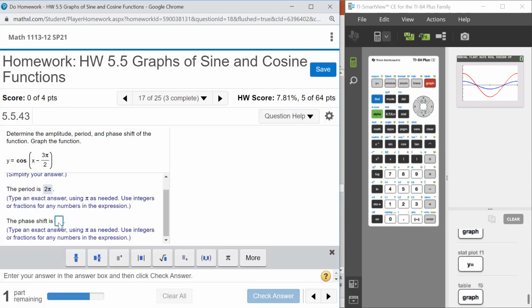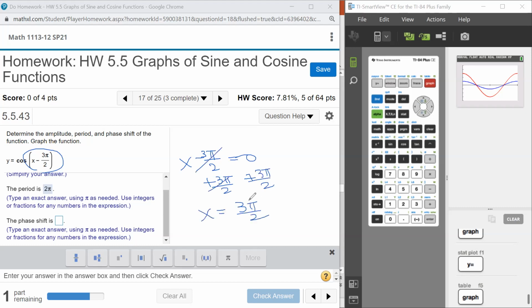And the phase shift is, remember, you set whatever's inside the parentheses equal to 0, and you solve for x. In this case, we would add 3 pi over 2 to both sides. And you would get x is equal to 3 pi over 2.